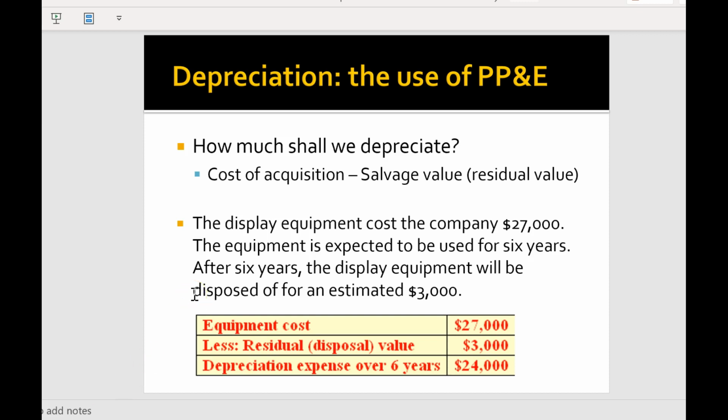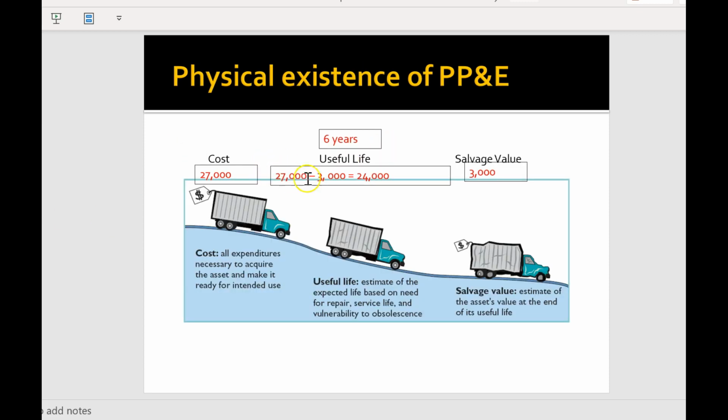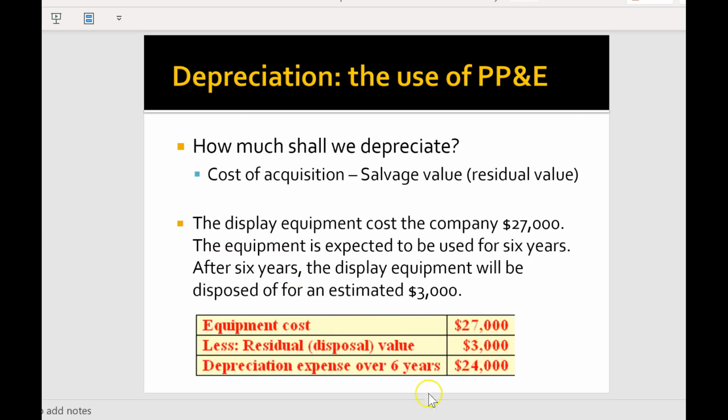All right, so from my previous illustration, now we know how much we should be depreciating of the asset. It would be the cost of the acquisition, 27,000, minus the 3,000 of salvage value, or sometimes it's called residual value. The difference between the two would be the total cost that we are going to depreciate in 6 years, right?